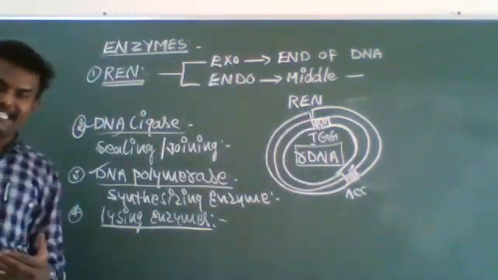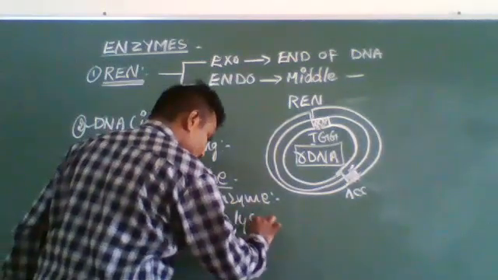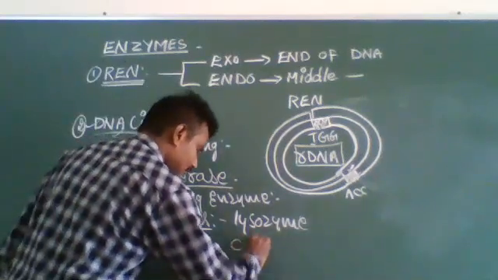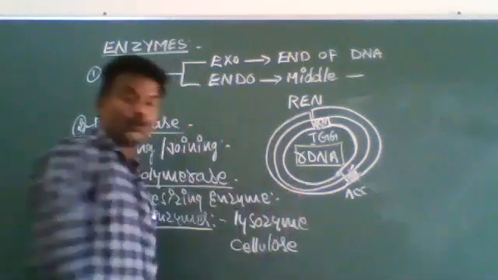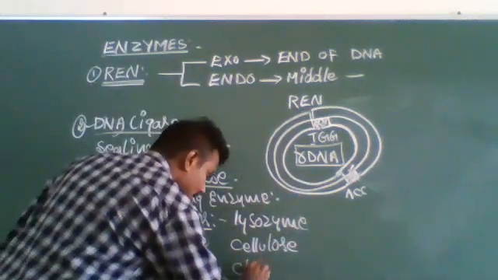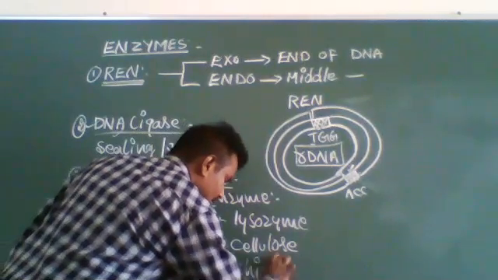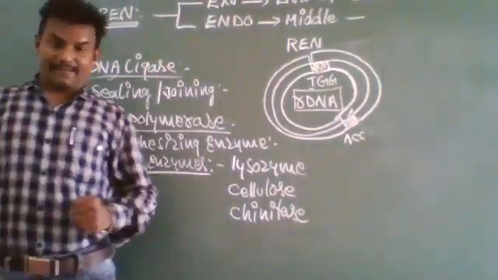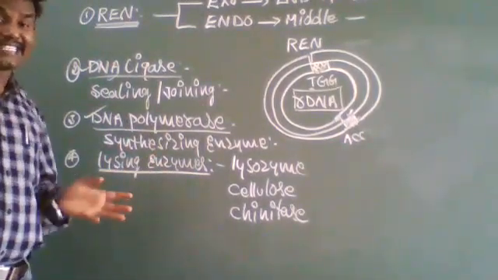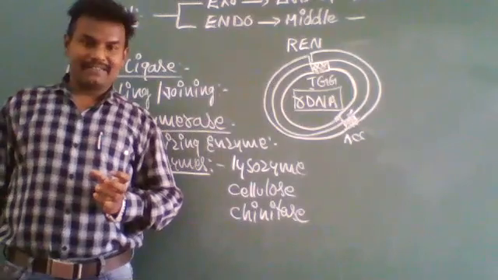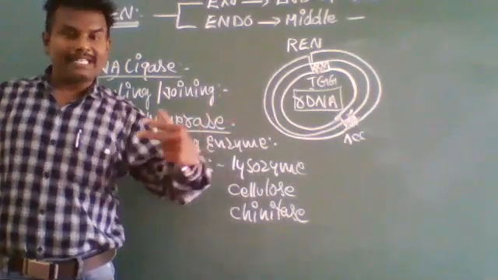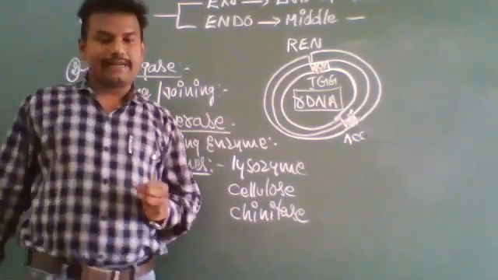There are different types of lysing enzymes: lysozyme, cellulase, kinase. These enzymes break, cut, or open the cell wall to get the DNA.